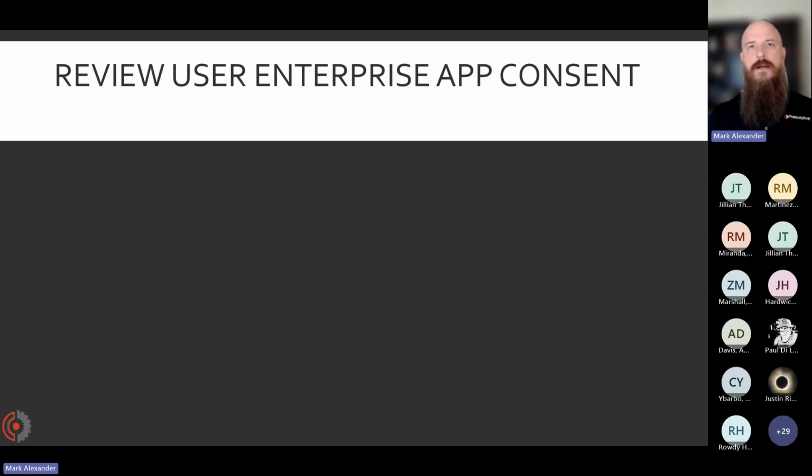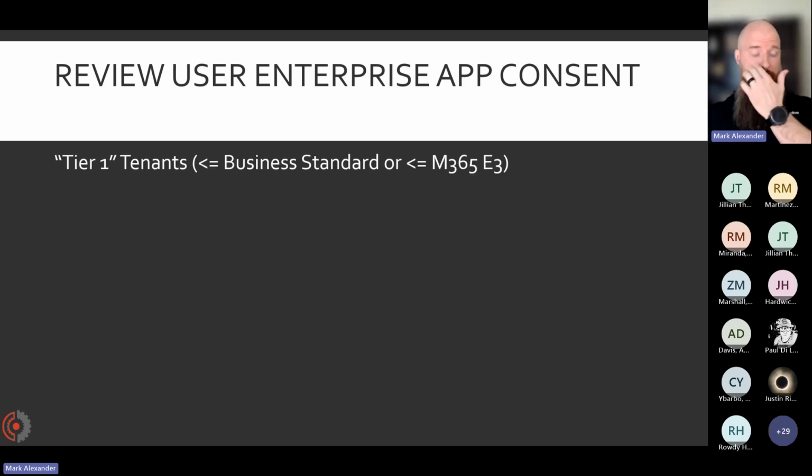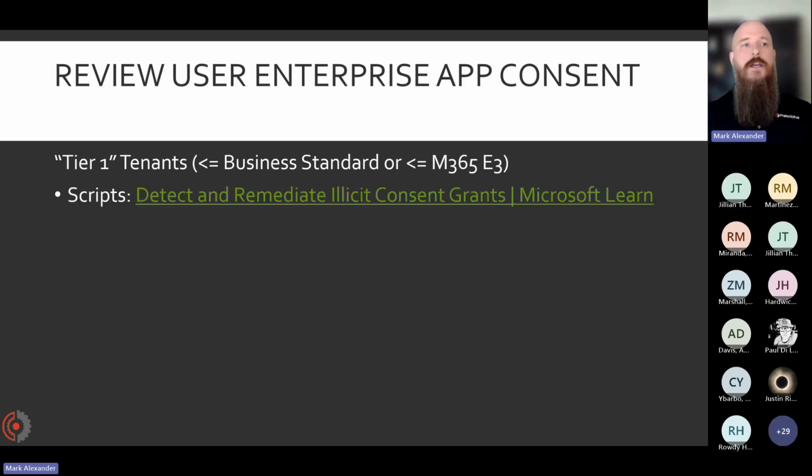But I'd hinted about the enterprise applications and understanding the consent that is provided. You could actually get reports in two manners. Number one, I like to define these as tier 1 tenants, and those are the Business Standard or Microsoft E3 or lower tenants.